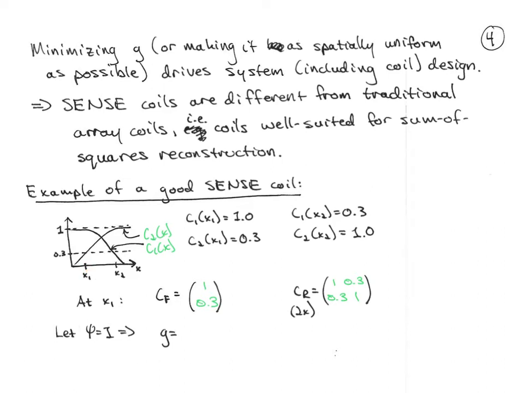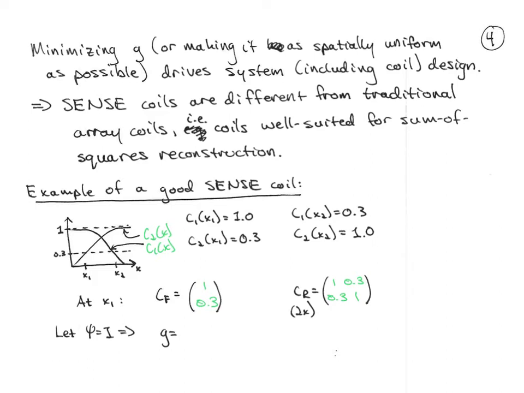So x2 in the reconstructed image is going to alias on top of x1. We're going to have to separate them back out in the SENSE reconstruction. At x2, coil 2 is high and coil 1 is low, in contrast with x1 where coil 1 is high and coil 2 is low. Let's assume that we have a perfect coil noise matrix, an identity matrix.